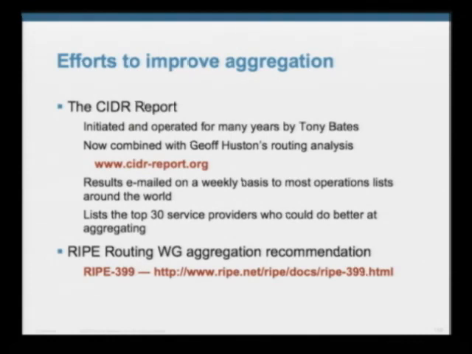So I looked after it for a while. Geoff Huston, when he left Telstra and joined APNIC, started doing a lot of work looking at the routing table. And so the CIDR report is now part of his activities. I think I've got a few slides about it. It's a really interesting place to go and have a look. I mean, there's a RIPE routing working group. We did an aggregation recommendations document, again encouraging ISPs.